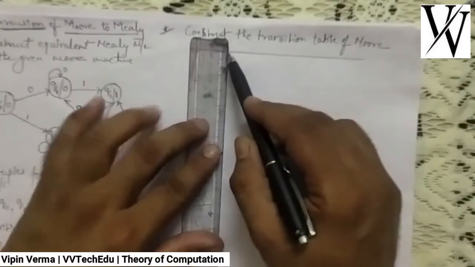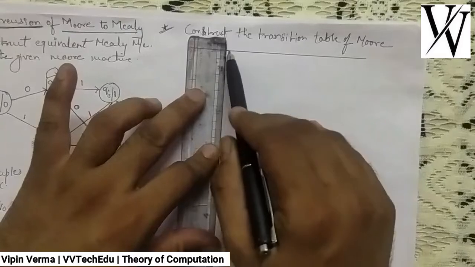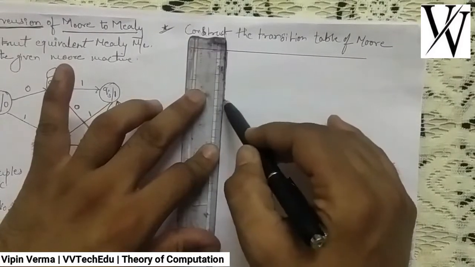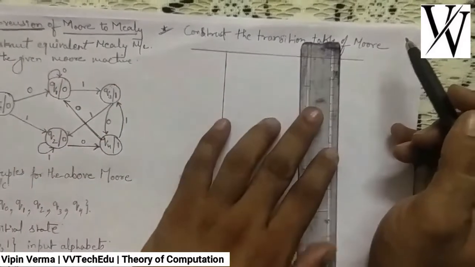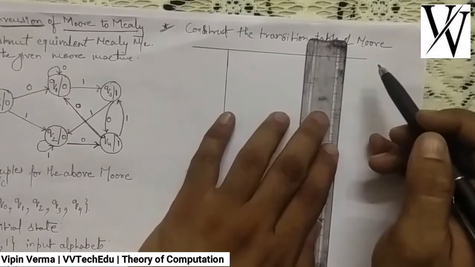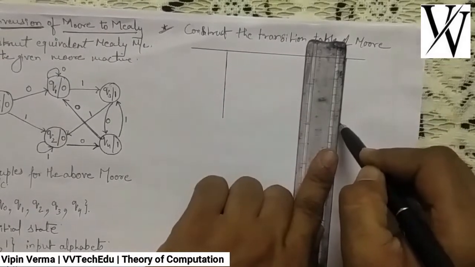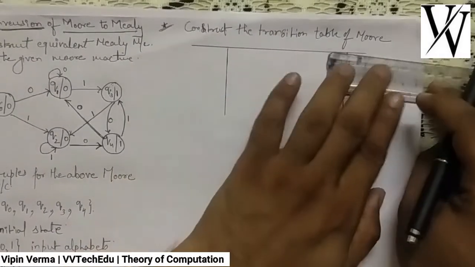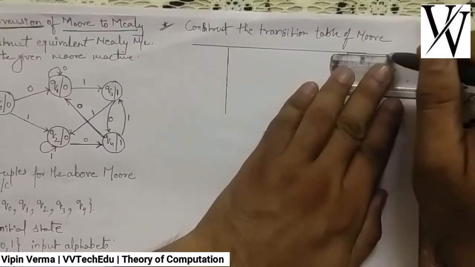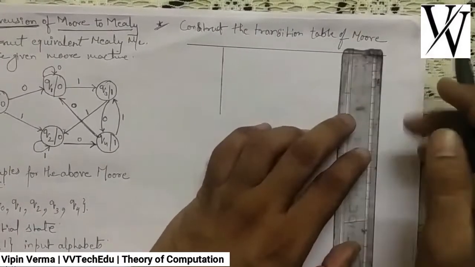You know how many columns there are in the table? We have 4 basic columns. One for the present state. The last column is for representing the output values.